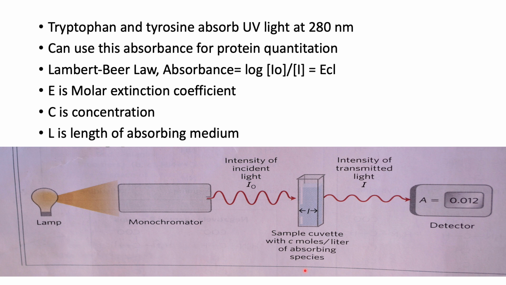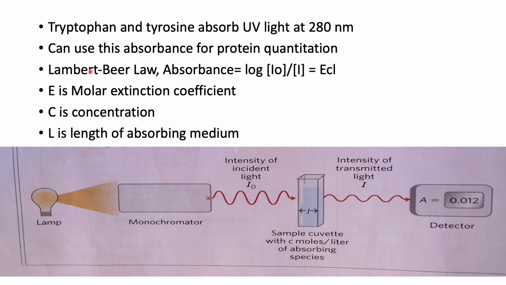What's interesting about that is if you're attempting to isolate protein from any sort of purification process, 280 nanometers is a good way to use a general spectrum to determine at what point in your elution of a solution containing various proteins, whether a large one, a small one, or the one that you're interested in. 280 is where you set the spectrometer to determine if you're getting protein out of a particular medium. And this is how you can also use the absorbance for protein quantitation, because the magnitude of that absorbance is going to be proportional to the concentration.